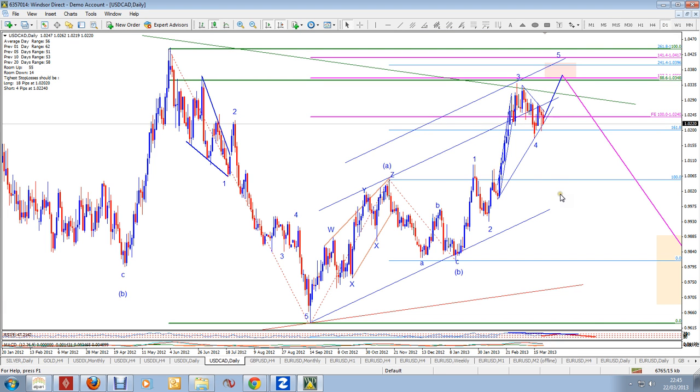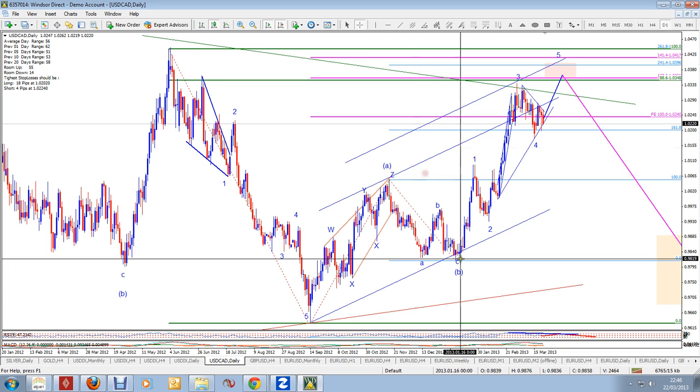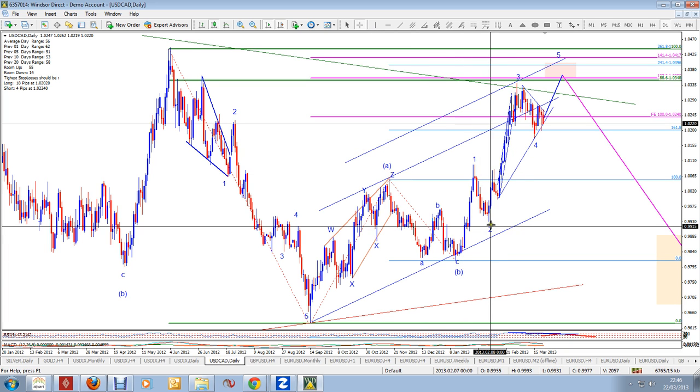If the wave counts are not correct, then here we had W, X and Y to give us wave A, B, C back to give us wave B, and then I would have thought that we've got wave A, wave B and wave C.